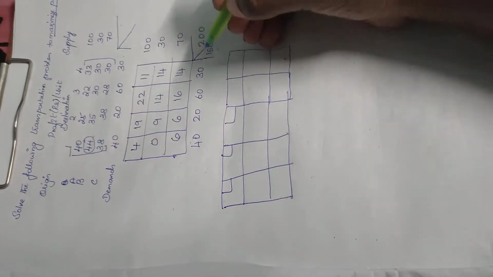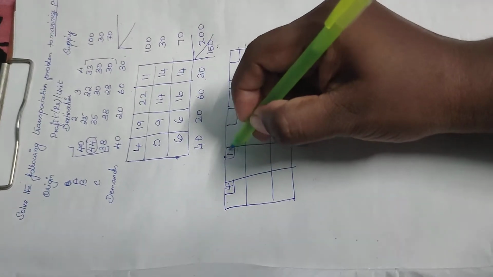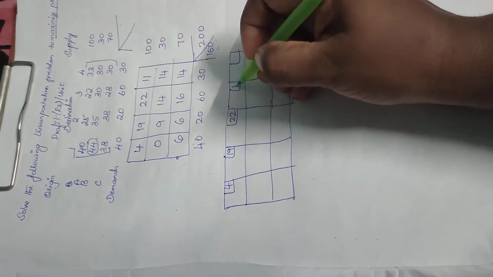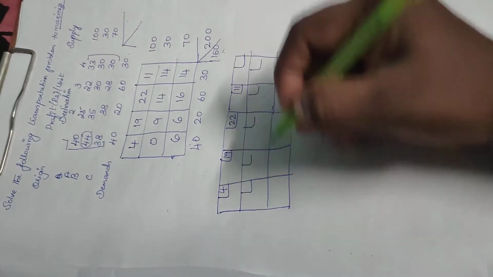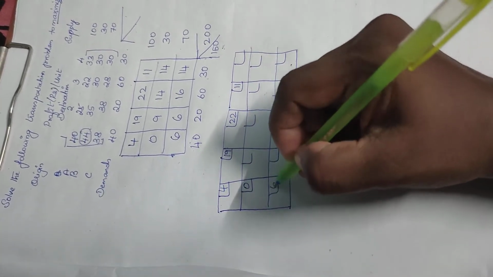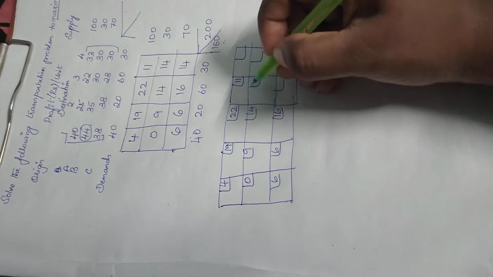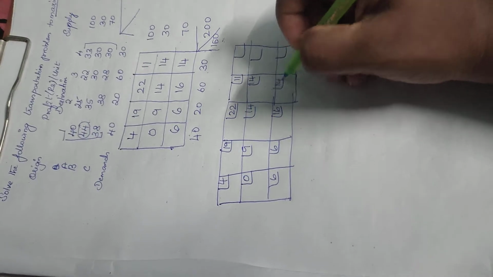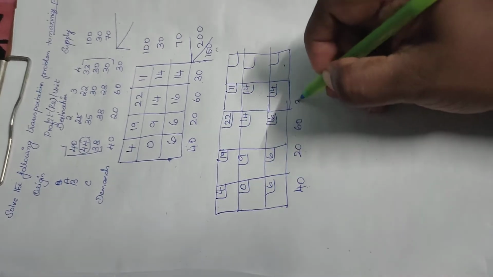I'm going to write the new values. So here you have the original demand values.